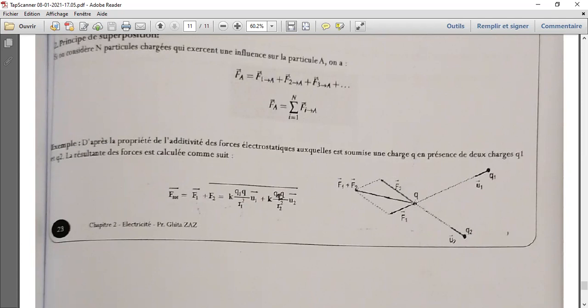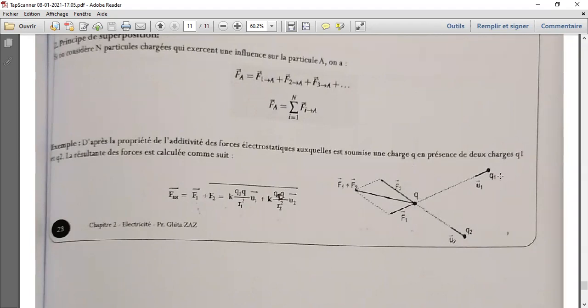If you are told to calculate the force at a certain charge, and there are forces from different other charges being exerted on that charge, you have to know how to calculate each force. So see here, the way they calculated F1 and F2, they imagined that Q1 is positive, Q2 is positive, and Q is positive.